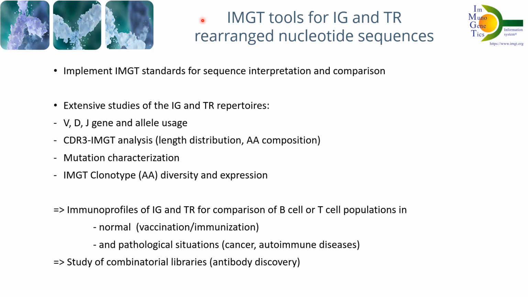To conclude, we had an overview of the IMGT tools dedicated to the analysis of immunoglobulins and T-cell receptor rare sequences. These tools implement the IMGT standards for the sequence interpretation and comparison.